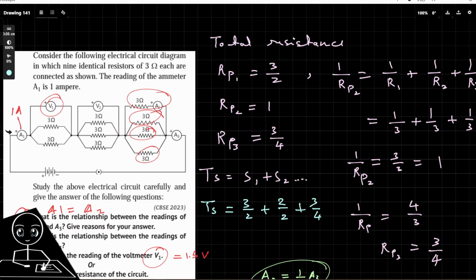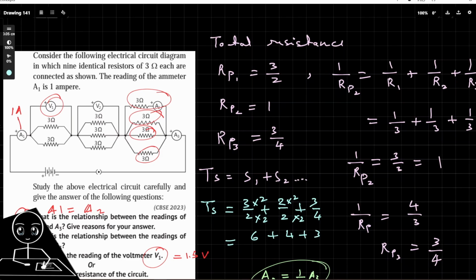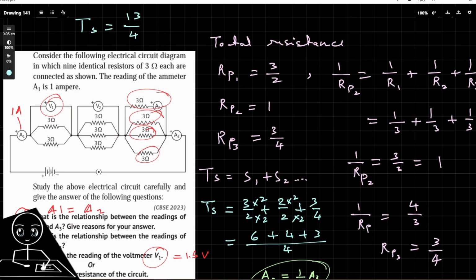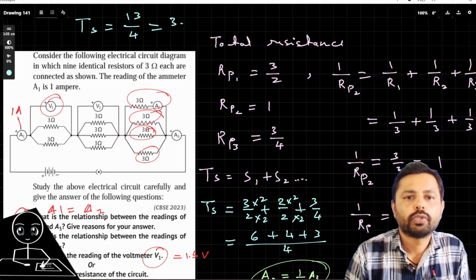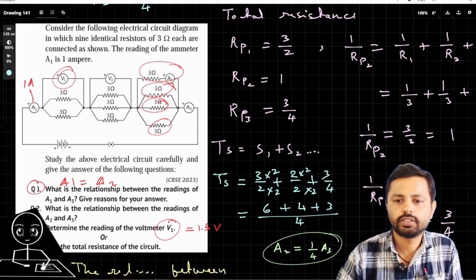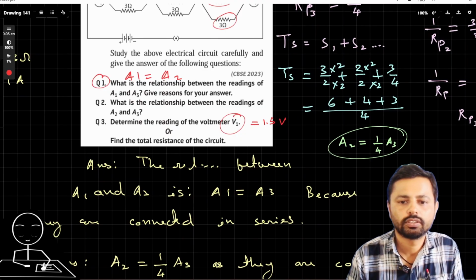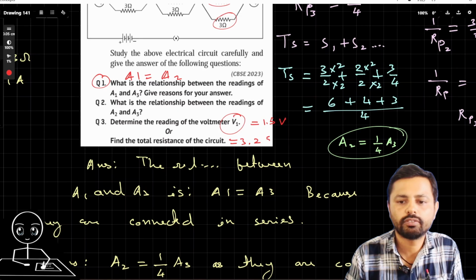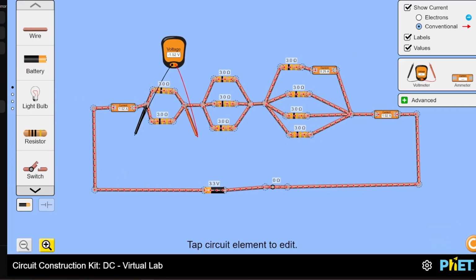Let's do the LCM, 4. We get 6 plus 4 plus 3 by 4, so 13 by 4. So total equal to 13 by 4, that's equal to 3.25 ohm. So that's the answer.